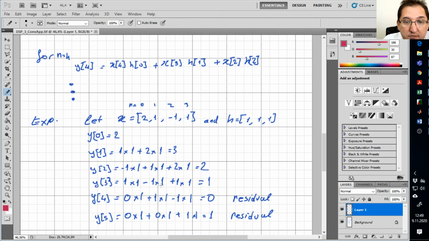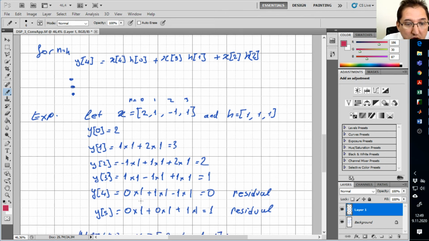We have one more output here: 0 times 1, x5 is 0, x4 is 0, but x3 is 1, so 1 times 1 gives 1. These are the residual outputs. After n equals 6, the output of the filter is always 0.